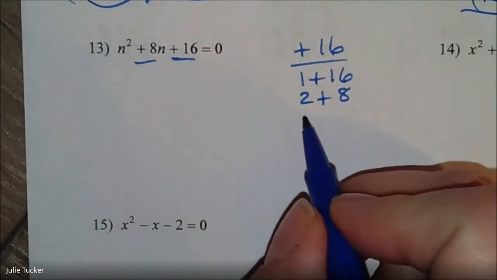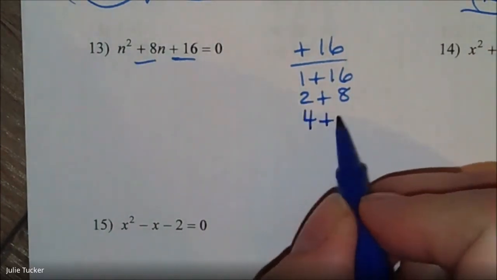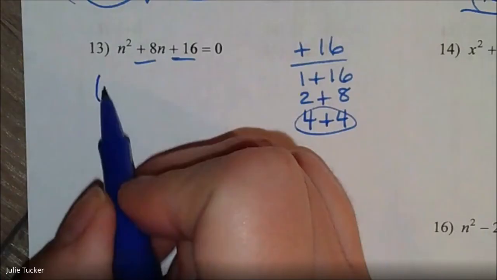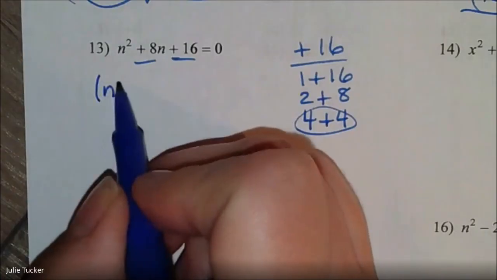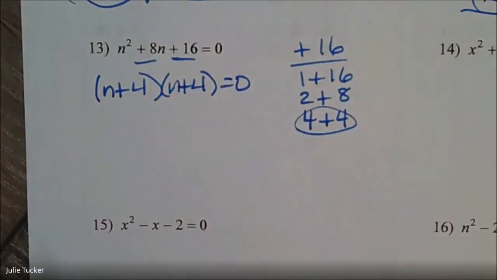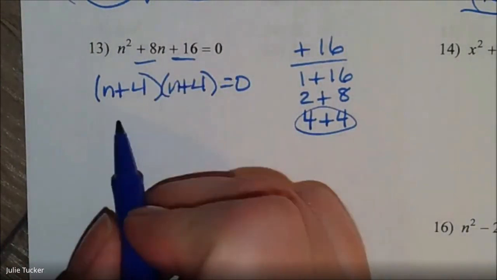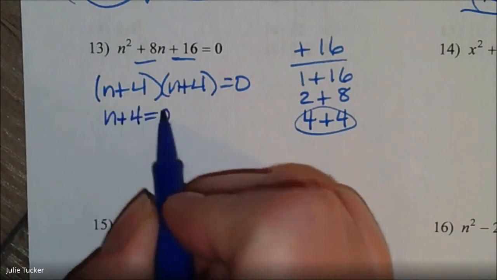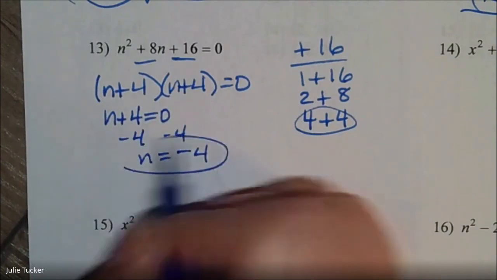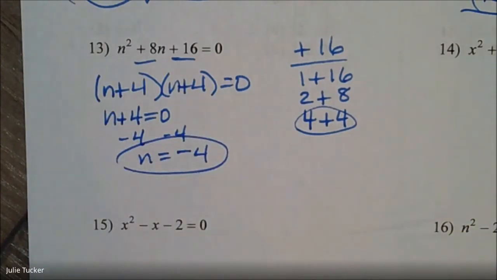It's 4 times 4. So if I do 4 plus 4, I get 8. So I'm going to write n plus 4, n plus 4. And then those are really the same thing, so I'm only going to write it once. n equals -4 is the solution. It's just 2 of the same solution.